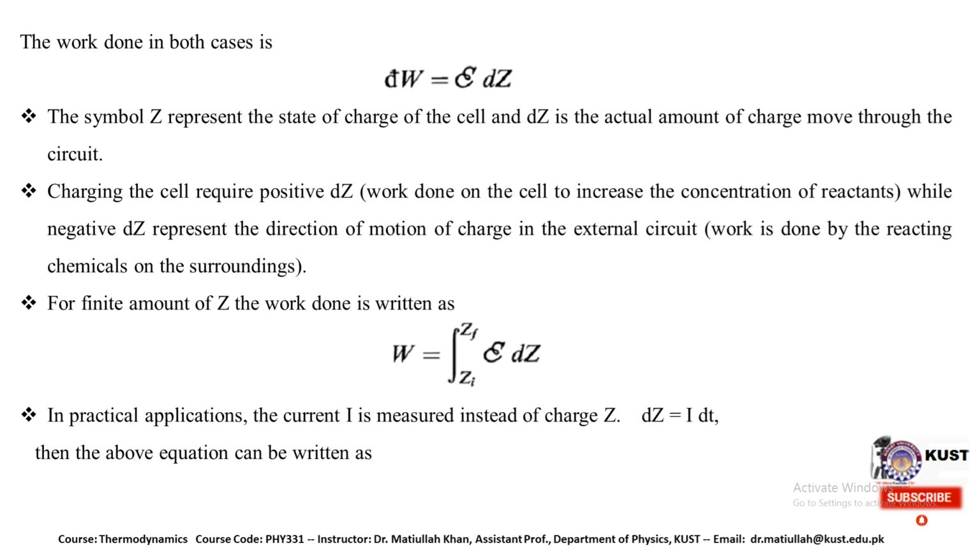So we can express this equation W is equal to the integral from zi to zf of epsilon dz, presented in form of dz. We can convert it into I, the current, because we have a relationship between the current and the charge.